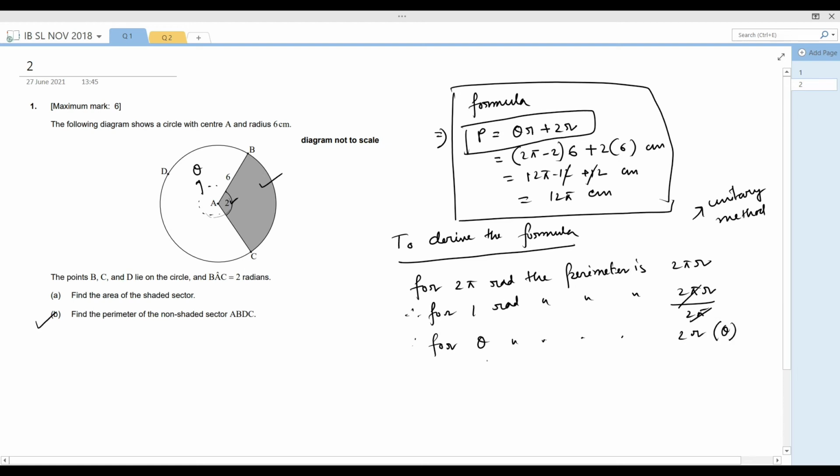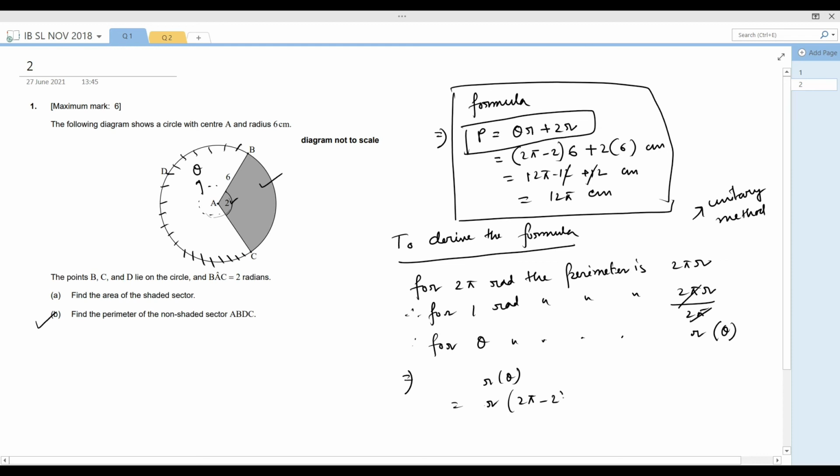Now from this formula we are getting only the perimeter of the arc, only this particular portion. So r theta, it is r of 2 pi minus 2.